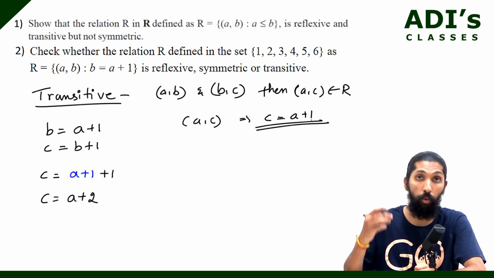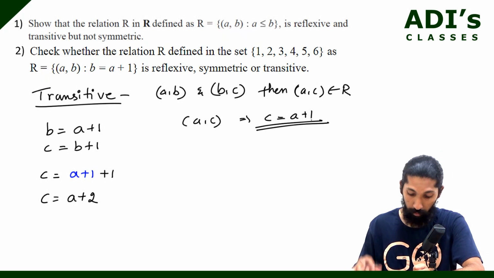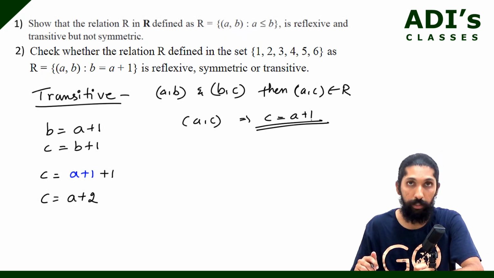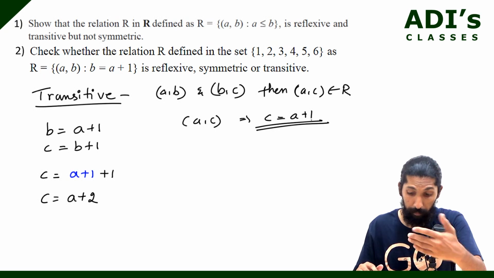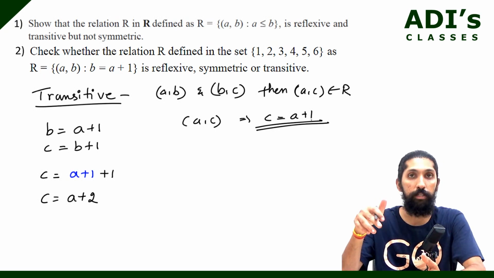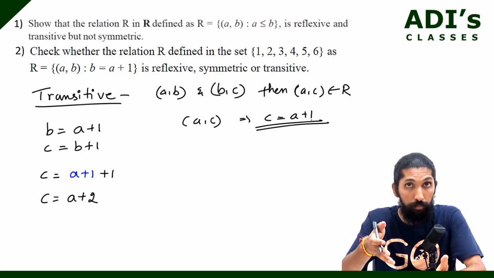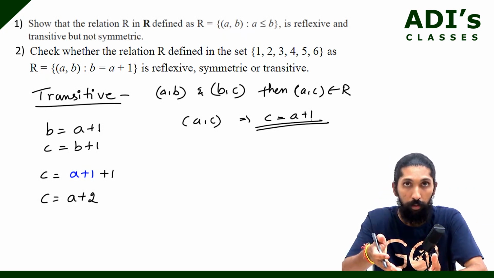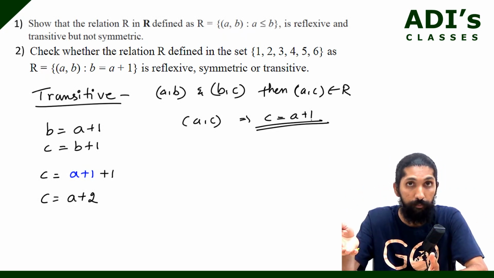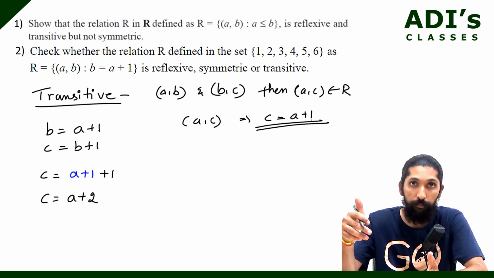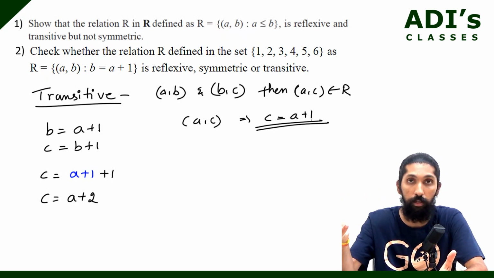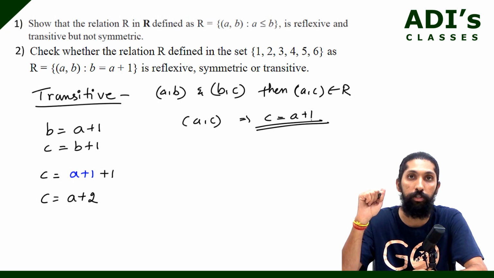But what are we getting? c is equal to a plus 2. Correct? Now, to think of an example like this one, maybe you can say (3, 4) and maybe (4, 5). But (3, 5) is not going to be a part of the relationship, isn't it?